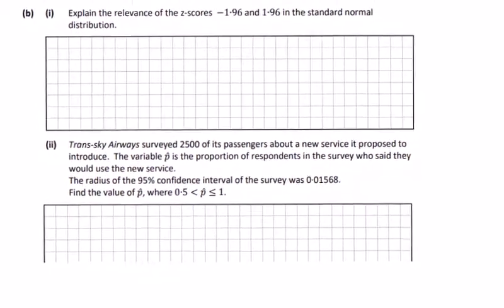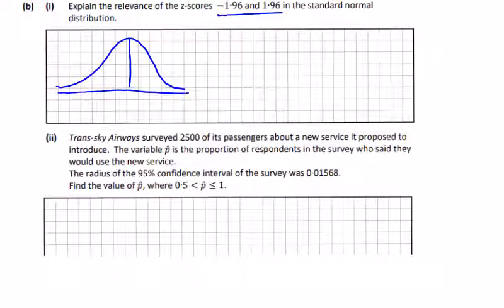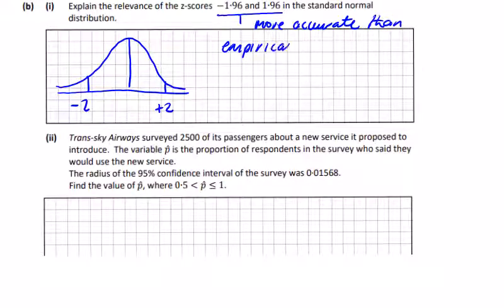Explain the relevance of the Z-scores in the standard normal distribution. Well, this is plus or minus 2 standard deviations. So here's my mean, here's my minus 2, and here's my plus 2. But these are more accurate than the empirical rule, which is 68, 95, 99.7.